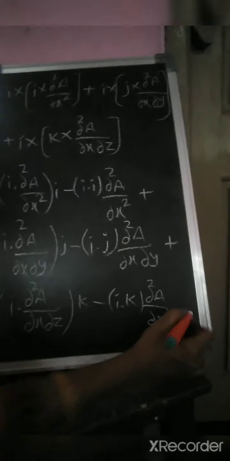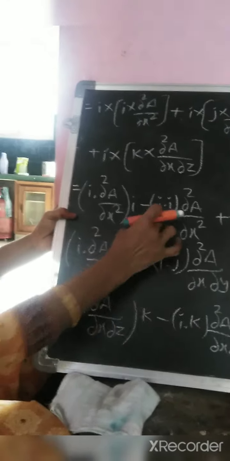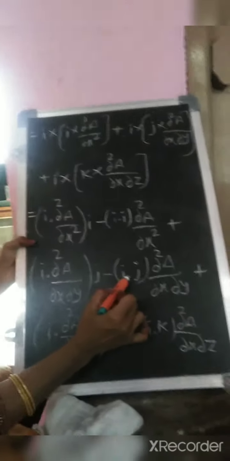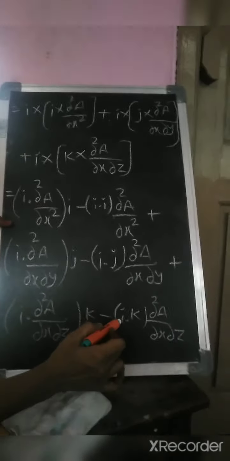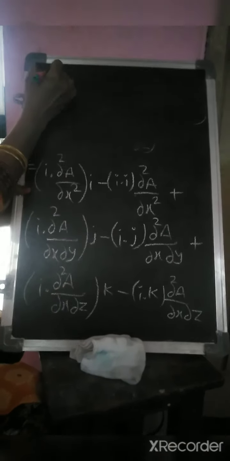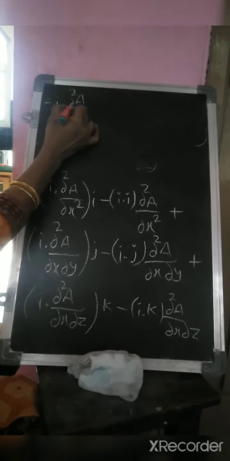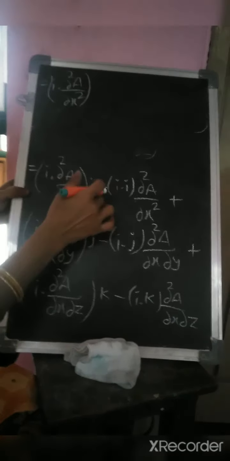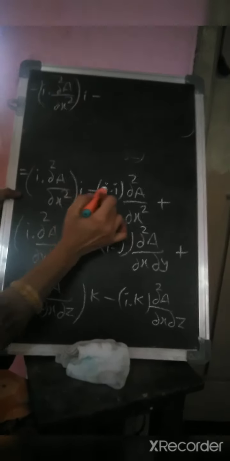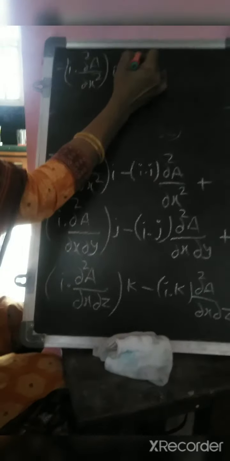Plus last of this one, i dot ∂²A/∂x∂z into k minus i dot k into ∂²A/∂x∂z. So here i dot i value is 1. Remaining, we can see that i dot j and i dot k values are 0. We know that. So we substitute in this.